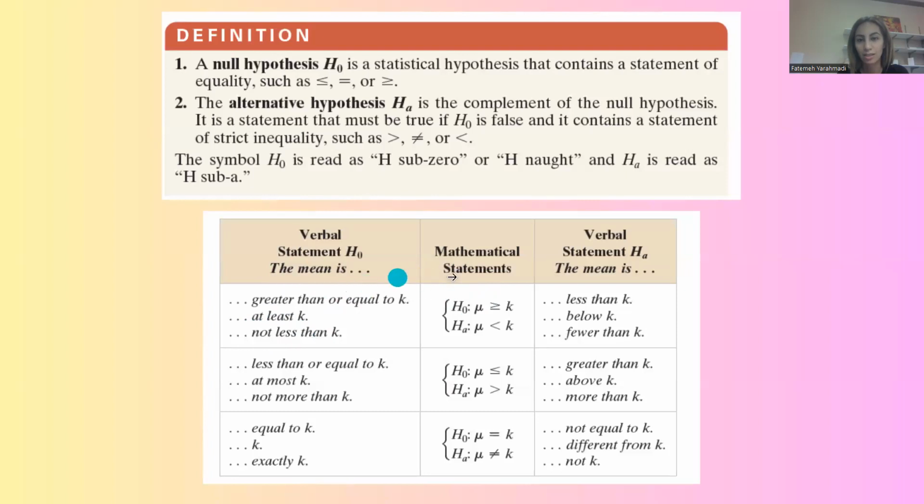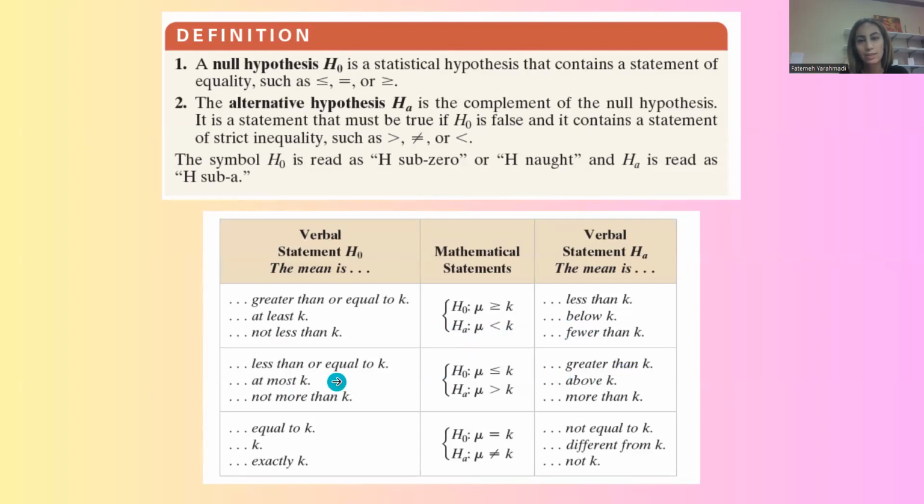Take a look: mu, the population mean, is more than or equal to 3. If the verbal statement says less than 3, below 3, fewer than 3, it means that you're working with the second part, the alternative hypothesis. The alternative hypothesis says mu is less than k, which in this example is 3.